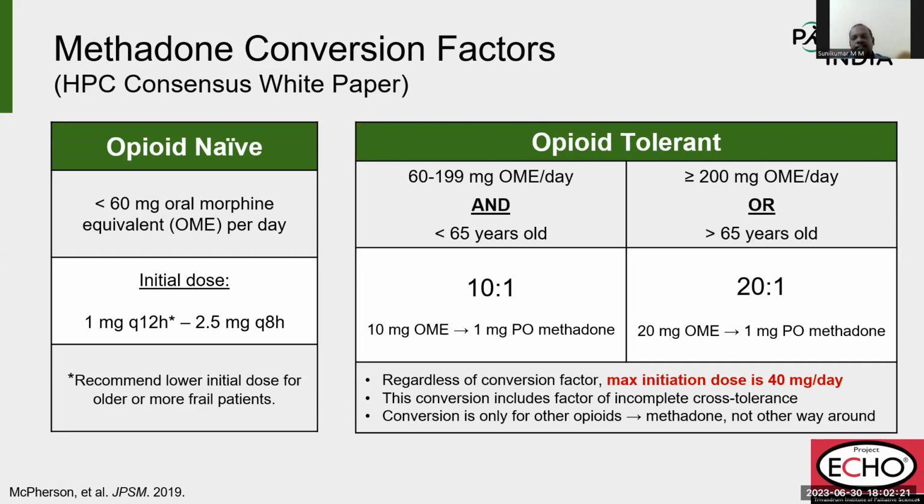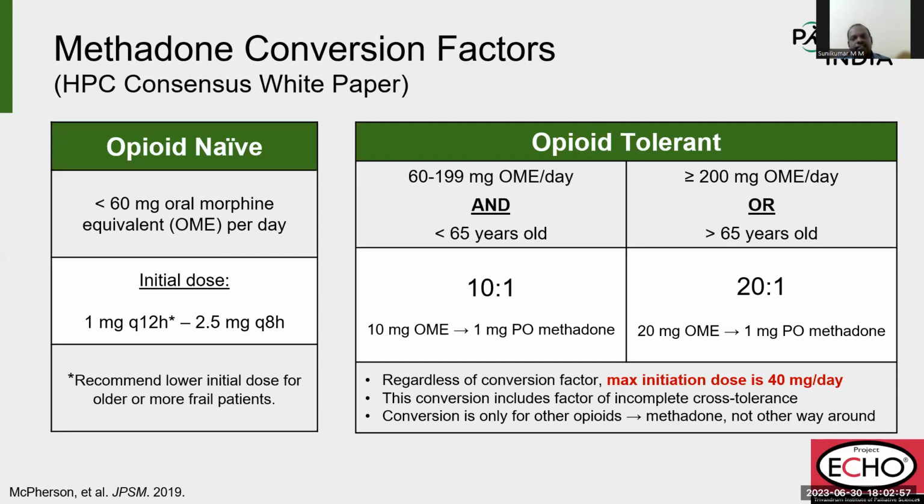So this is from an article that came in the Journal of Pain and Symptom Management in 2019, known as the Hospice and Palliative Care Physicians Consensus Method for methadone. According to this, if the patient is opioid naive, taking less than 60 milligram of oral morphine per day, which is considered opioid naive, you can start this patient on 2 to 7.5 milligram of methadone per day.